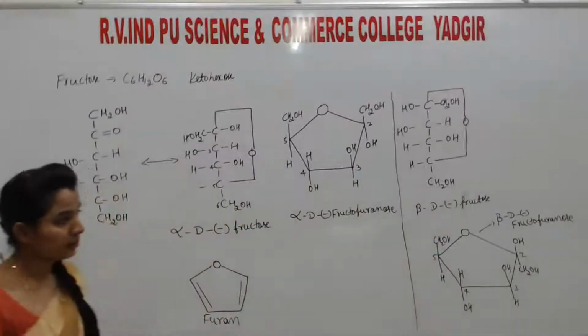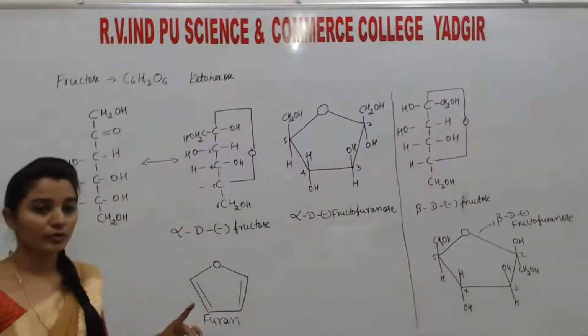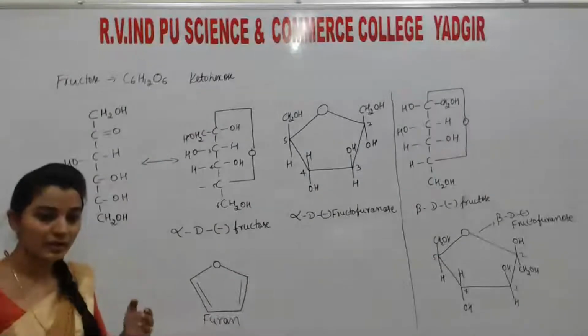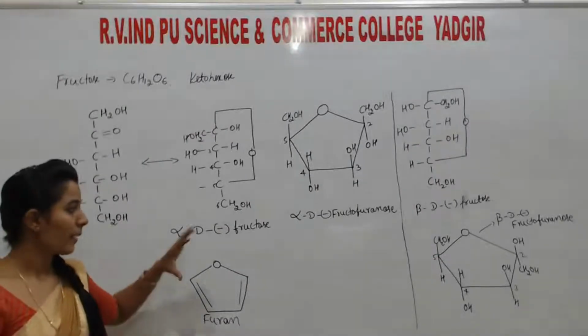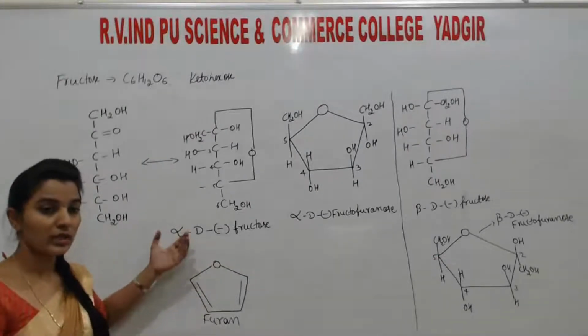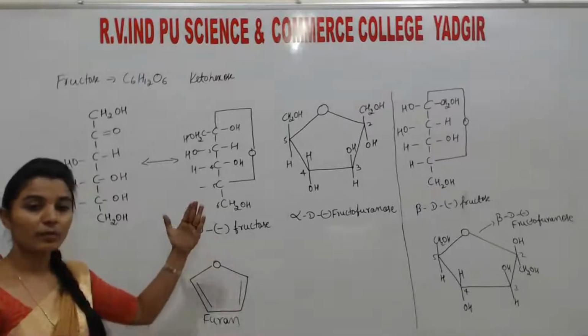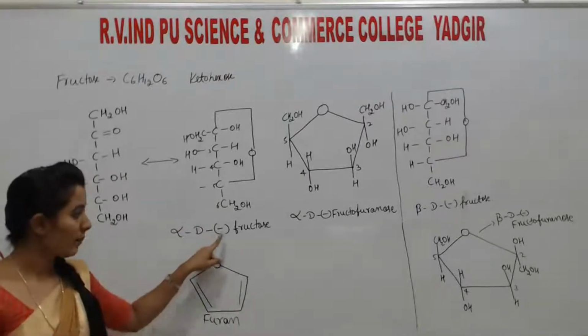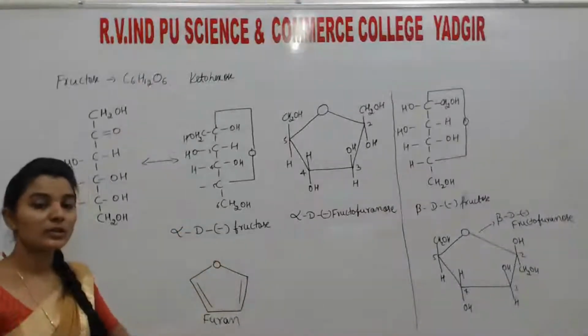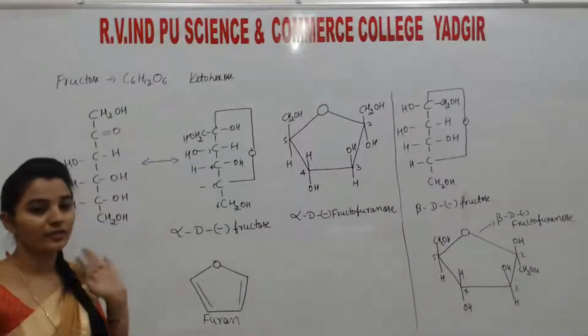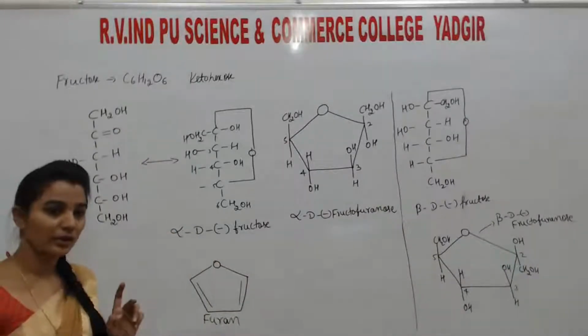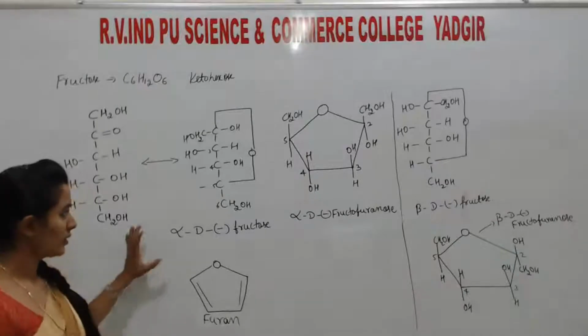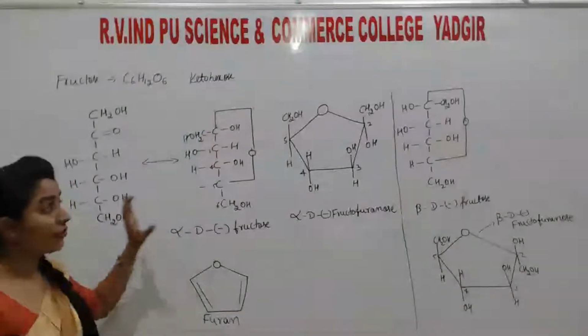Alpha D minus fructofuranose. So students, what is this plus? What is this minus? Plus represents that it rotates the plane polarized light towards the right side. Minus represents that it rotates the plane polarized light towards the left side. They are optically active compounds. Understood? So this is all about fructose.